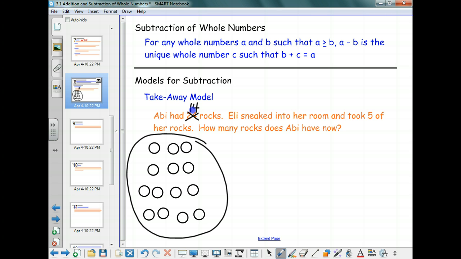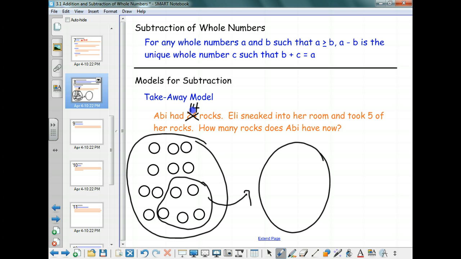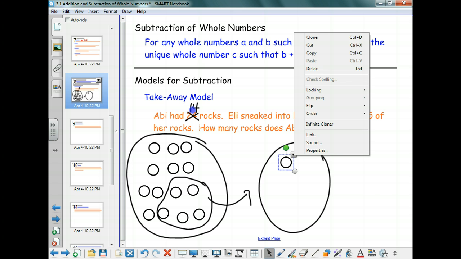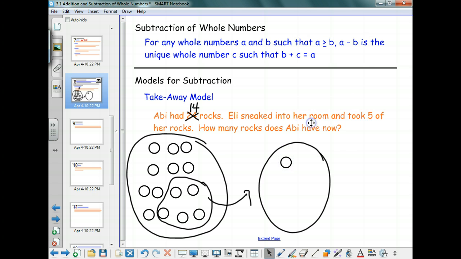Sounds like something a little brother would do, right? All right, so he sneaks in, he takes away 5 rocks. So we're going to remove 5 of these rocks out of the picture. They're no longer in there. And the question is then, if I took them away, how many are left? And how many are left? 9. Okay, there's 9 rocks left.